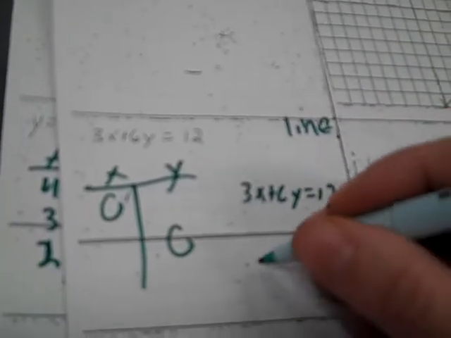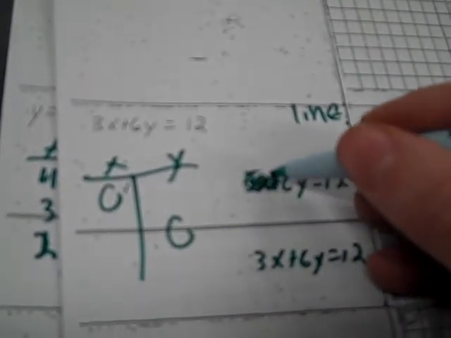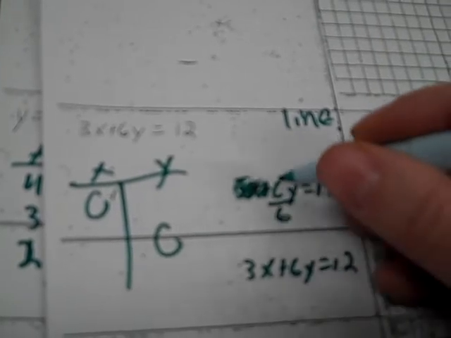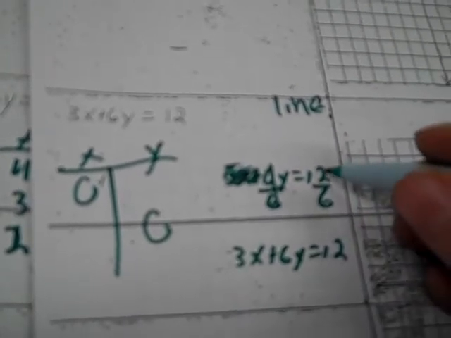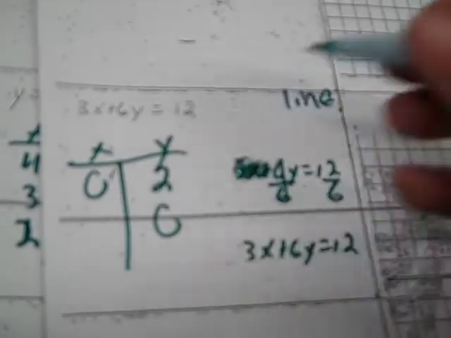Okay, this one's another line, but y is not equal, so x and y are on the same side. We're going to use this table, 0, 0. So what I need to do is write this out twice: 3x plus 6y equals 12, 3x plus 6y equals 12. So x is 0, meaning we can get rid of this. And then I will divide by 6. 12 divided by 6 is 2.